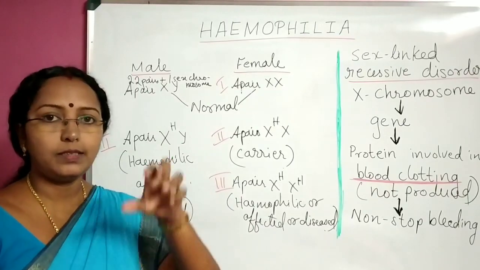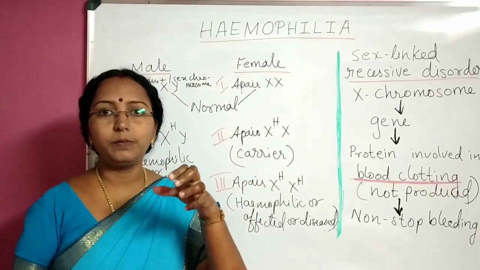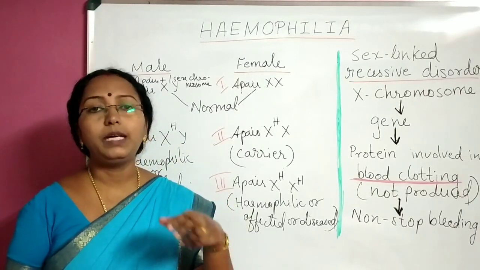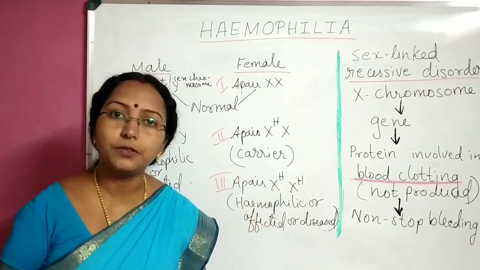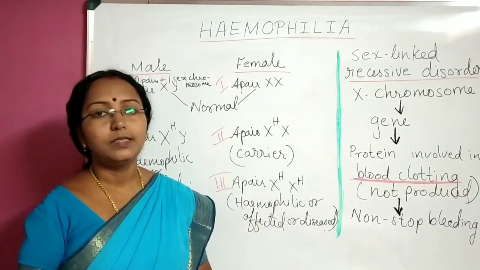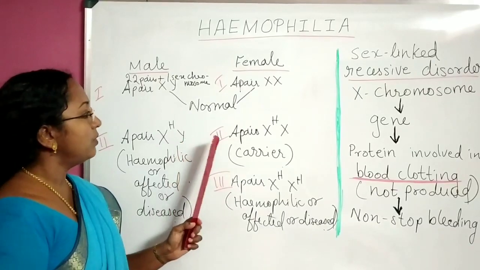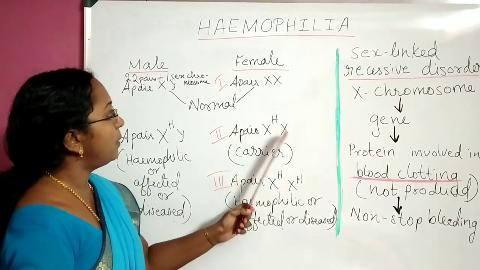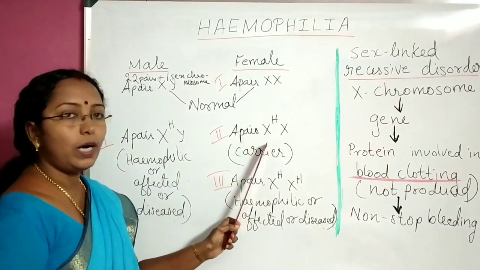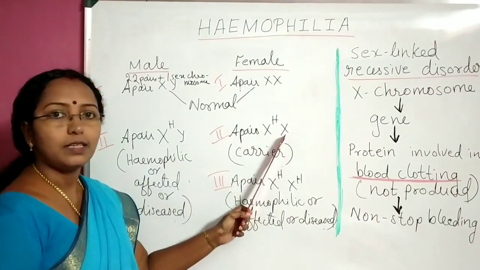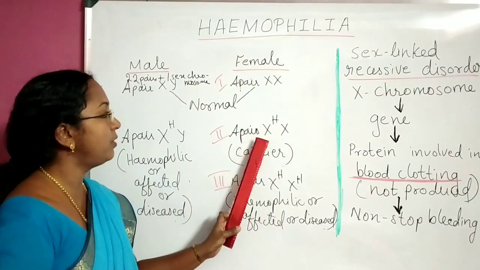These words can be there in the question paper or in the answer sheets. Male is affected, male is diseased, male is haemophilic. Okay, so XY, XHY. Now in the second case also, among the two X chromosomes, one chromosome is getting affected, XHX. XHX, be very careful here.